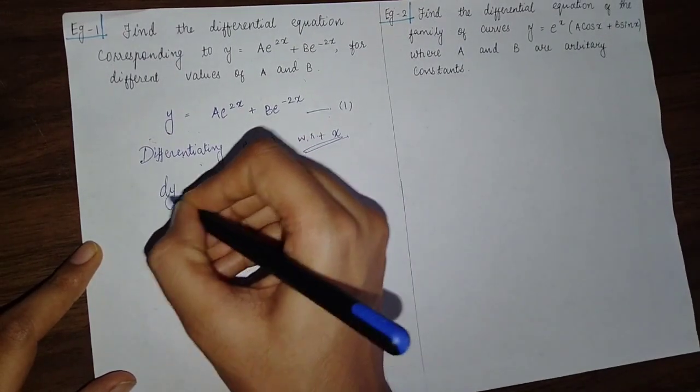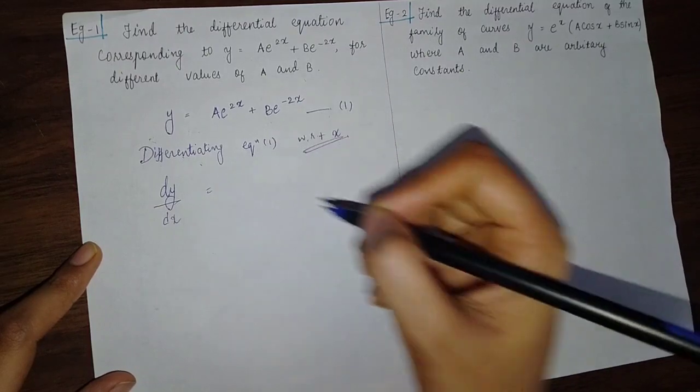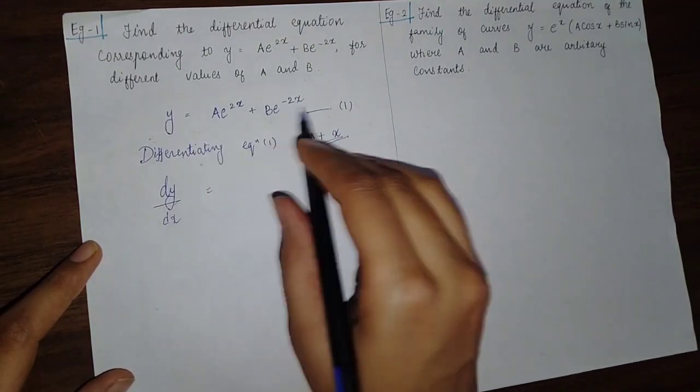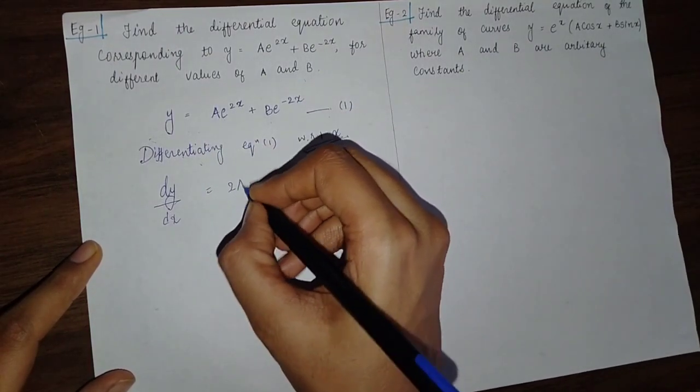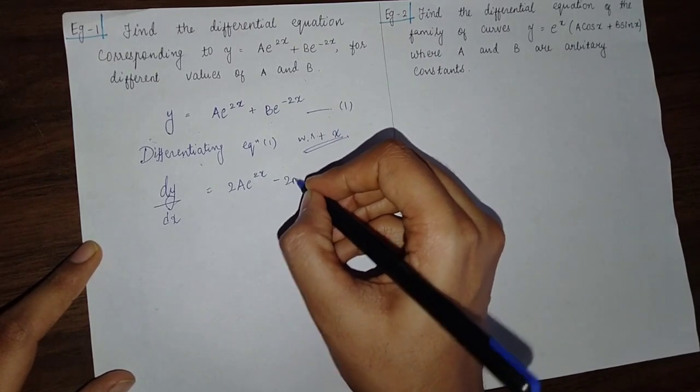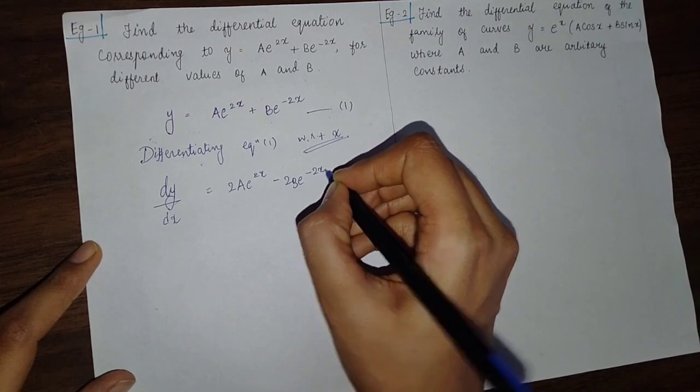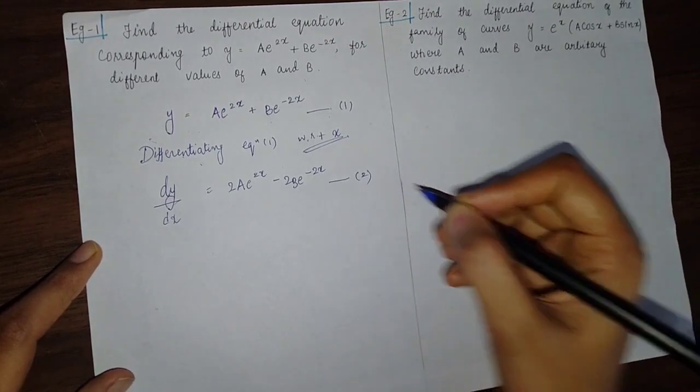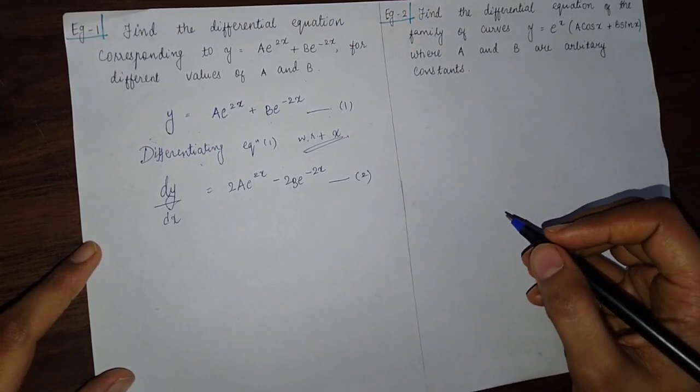It means you have to find dy by dx. So what will be dy by dx here? It will be 2a e raised to 2x minus 2b e raised to minus 2x. Let us call this equation number 2.